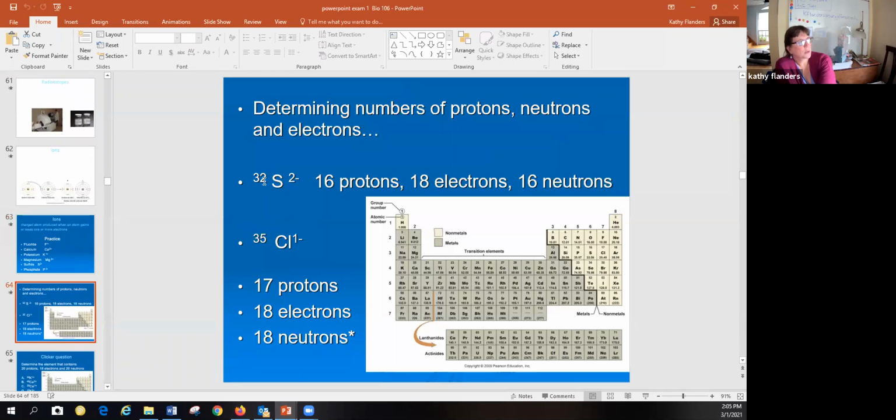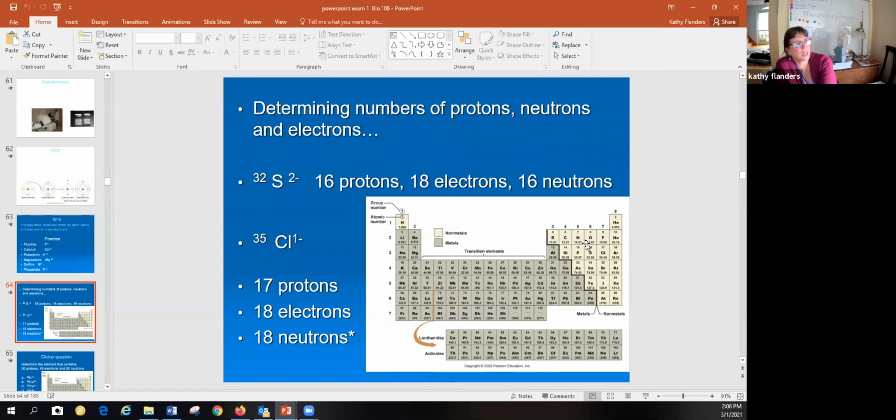And then this way, we were able to see how many protons, neutrons, and electrons are present in anything. So now we could do this on here. If we found S, it's right here, that has 32 as its atomic mass, not atomic number. So there's atomic mass, there's the element itself, and then this is its ionization. So it has gained 2 electrons.